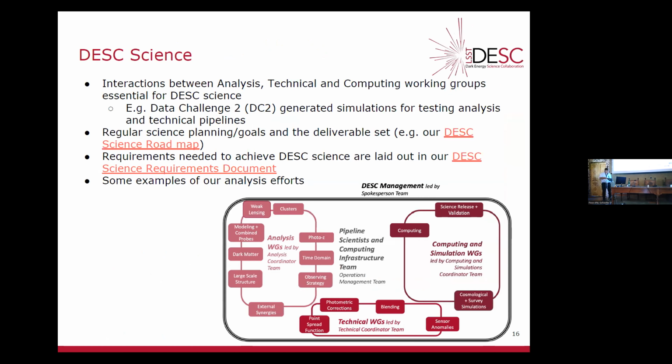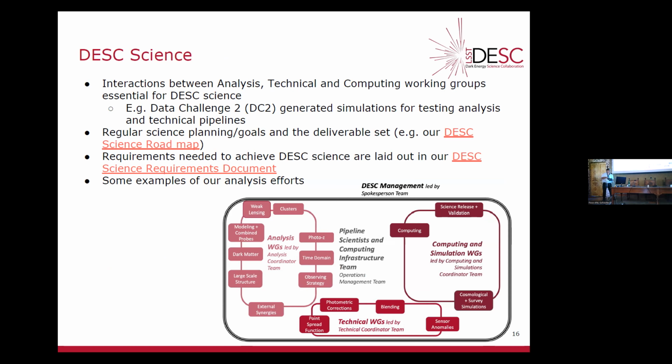So the DESC science can be seen as the interaction between analysis, technical, and computing working groups, which are essential for DESC science. Most of the DESC science has been based on the DESC Data Challenge 2.